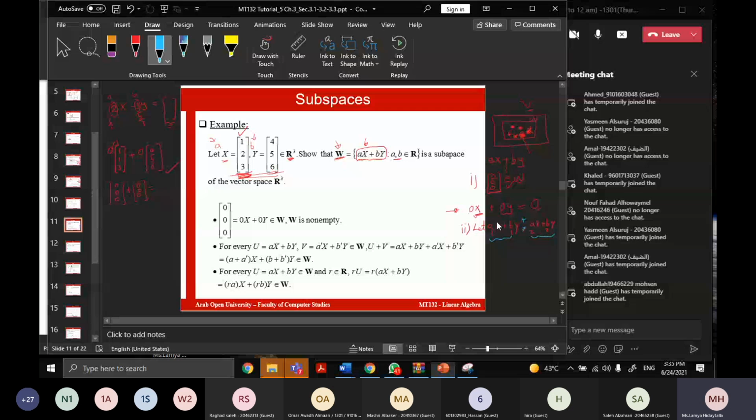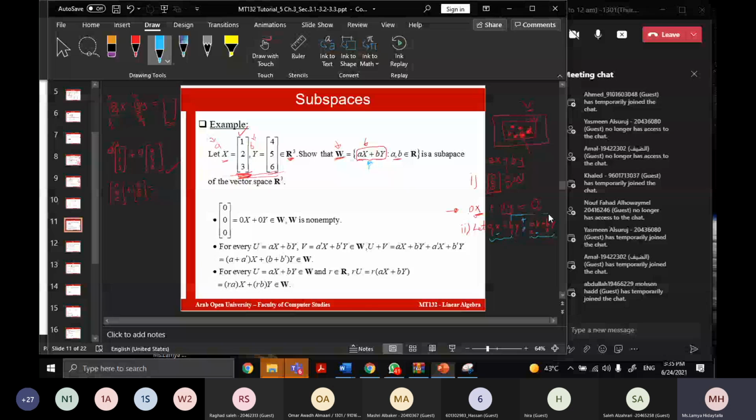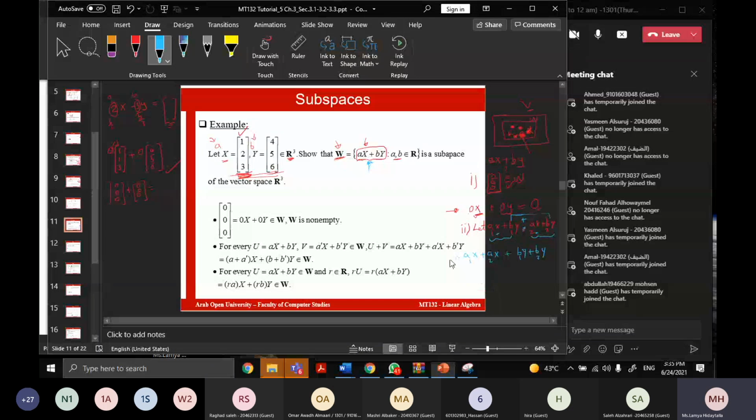I put the x with the x's and the y with the y's. So we will have A1 x plus A2 x plus B1 y plus B2 y. This is the resultant vector.